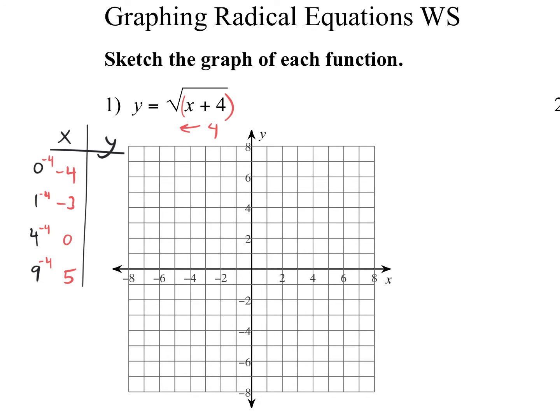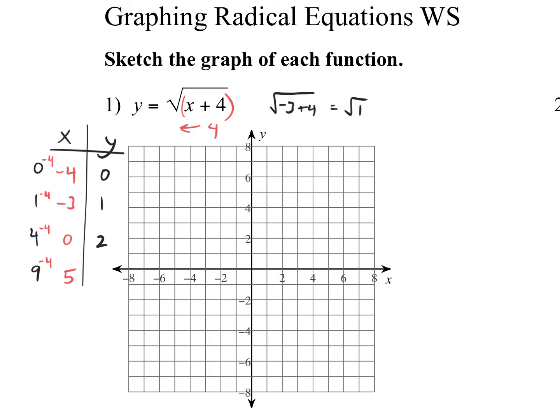Now for my new y values, I'm just going to plug these values in and evaluate. When I plug in -4, the square root of -4 plus 4 is just 0. If I plug in -3, the square root of -3 plus 4 gives me the square root of 1, which is just 1. If I plug in 0, 0 plus 4 is 4, so the square root of 4 is 2.